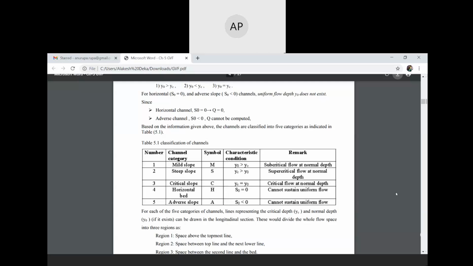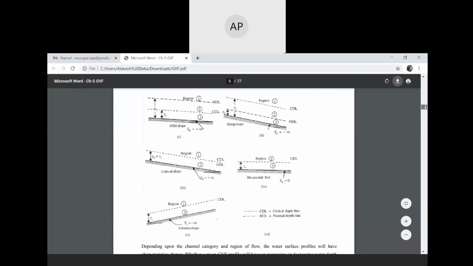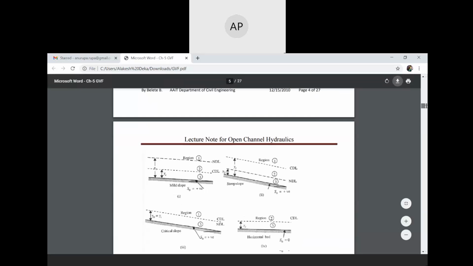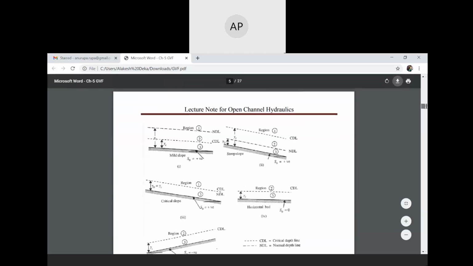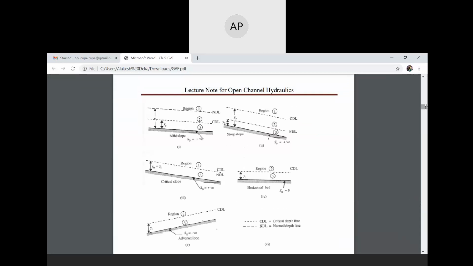When the bed slope is 0, that means there is no slope, then the symbol of the profile is H profile. And if there is a negative slope, then that is an adverse slope. Okay. These are the conditions of different profiles. We have discussed these things already. Let me revise once again.